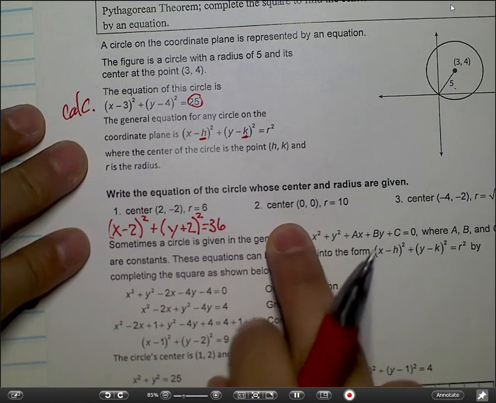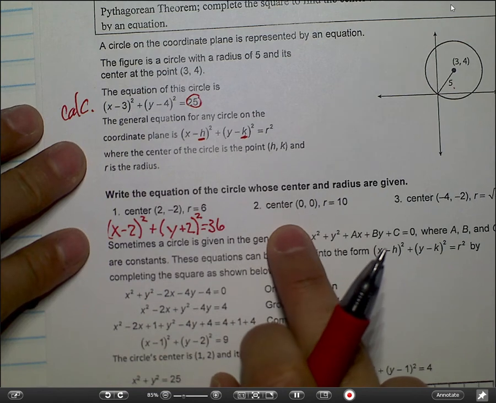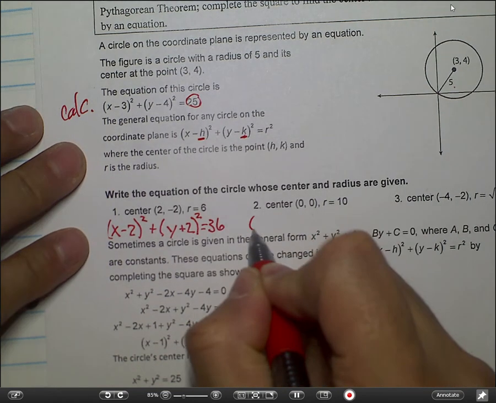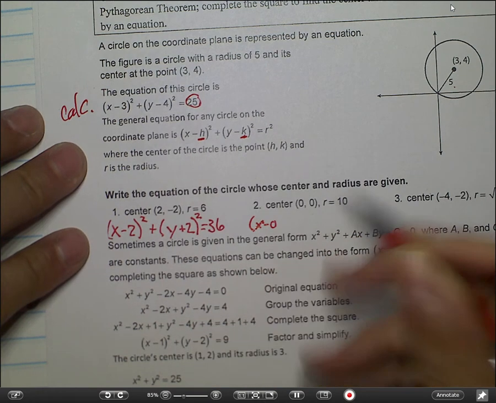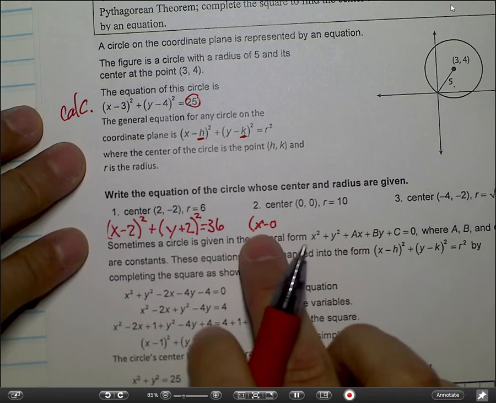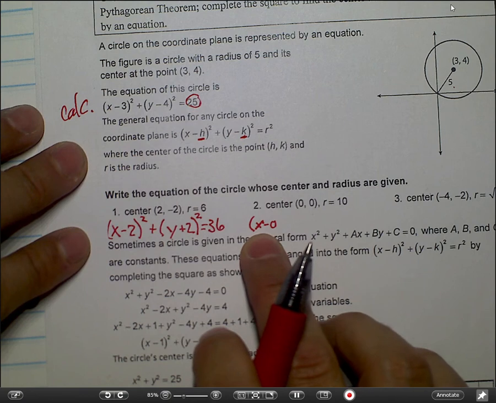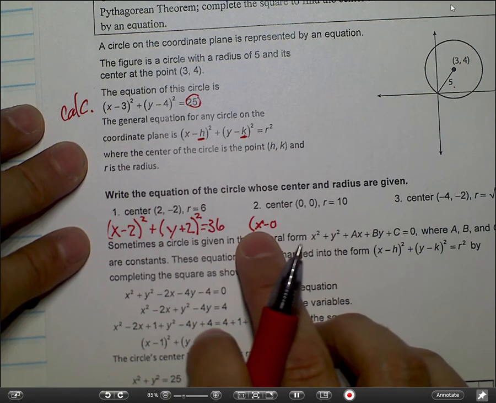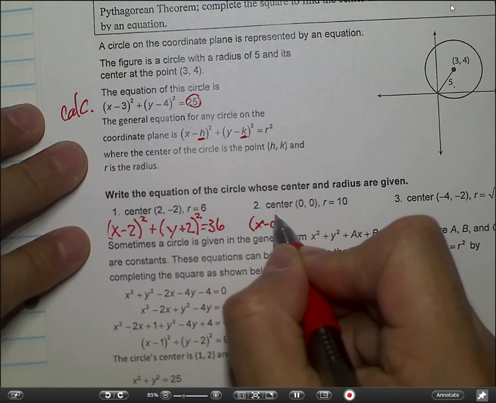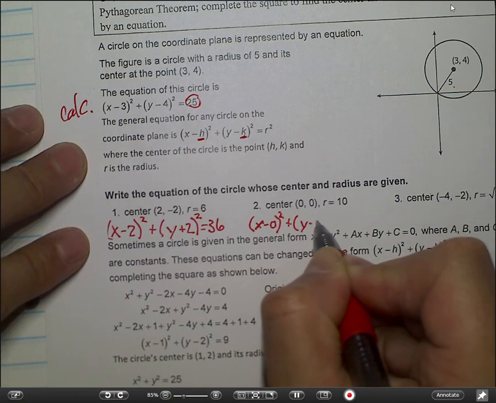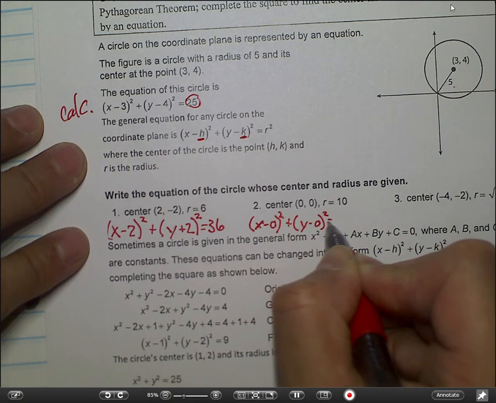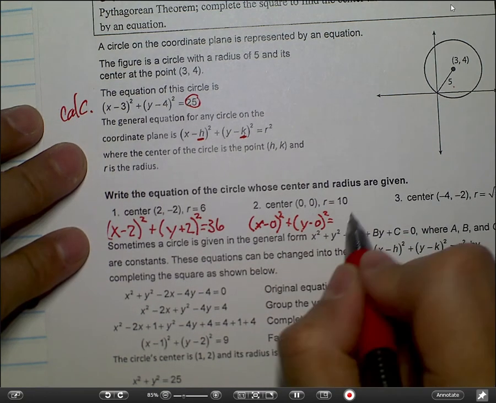So right here, how would I write this next one? Parentheses x minus 0. Can it be positive too? It could be plus or minus. But then if I'm adding 0, do I have to put it? No, I could just put, I'll rewrite it again in a second. Squared plus y minus 0 squared equals 100.